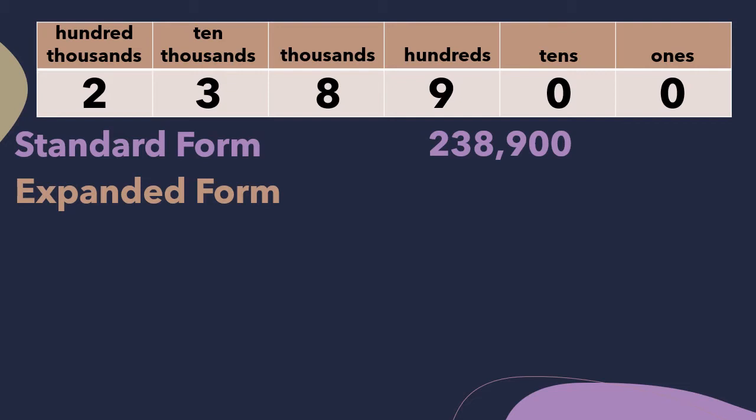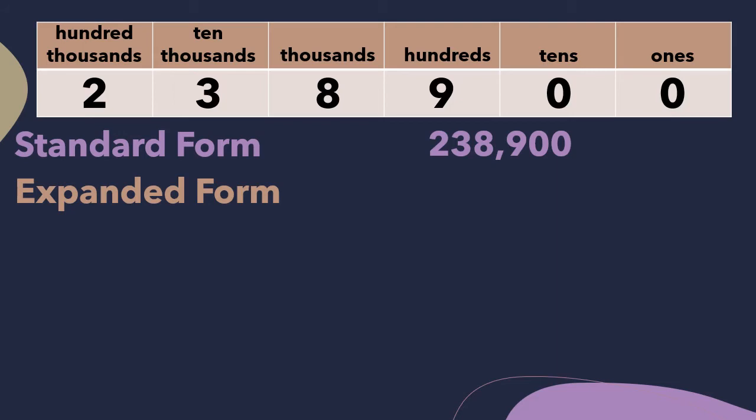If I have 3 in the 10,000s column, that would be 30,000 because 3 tens is 30, so 3 10,000s is 30,000. 8 in the thousands column would be 8,000, and 9 in the hundreds column would be 900.